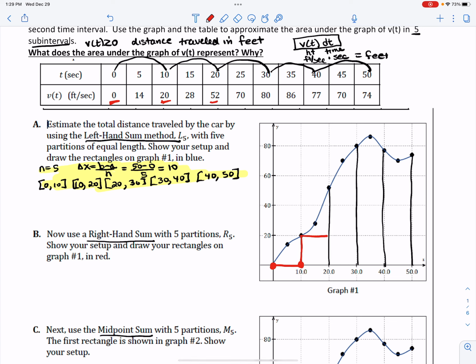From 10 to 20, the left endpoint is 10, which gives us 20. From 20 to 30, the left endpoint is 20, which gives us 52. From 30 to 40, the left is 30, which gives us 80. And from 40 to 50, the left is 40, which gives us 77.